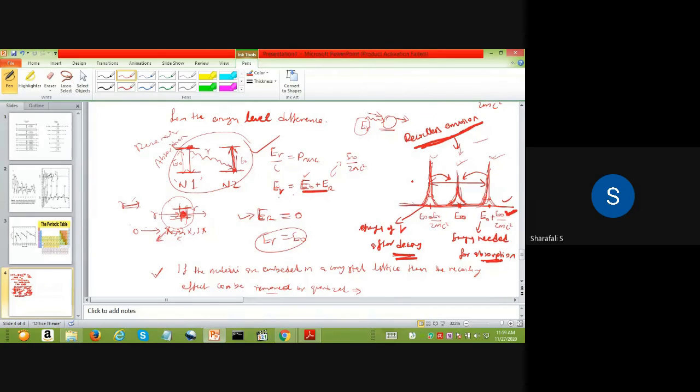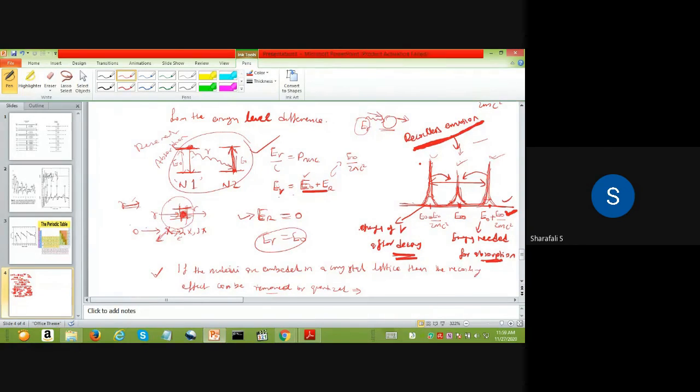The whole lattice and the nucleus has to take the energy, and the energy is quantized now. If the recoil energy is less than that quantization value, then the recoiling effect can be neglected. Then you will get a recoilless emission for that gamma decay, which means that the full energy will be taken away by the gamma radiation. There is no recoil effect.